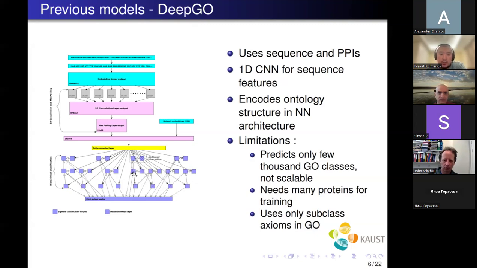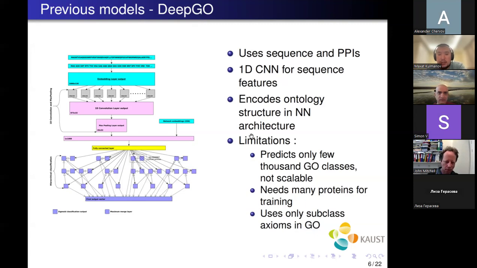We have shown that this improves the prediction results in some way when compared to the models that do not use this. However, we participated in CAFA with this model, and we did not perform that well.